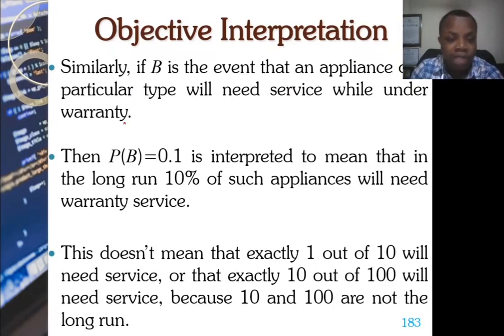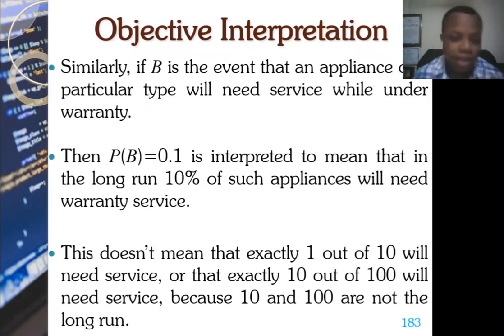Now suppose that the probability of an appliance needing a service while under warranty is equal to 0.1. Okay. Now suppose that we estimated this probability to be 0.1 in the long run, this could be interpreted as 10% of such appliances will need warranty repairs. So that is how this objective interpretation tries to work.